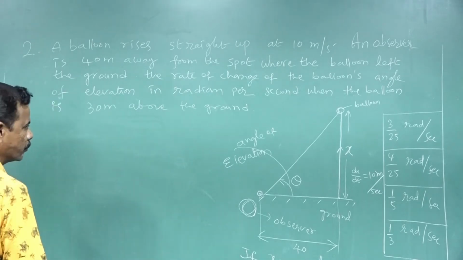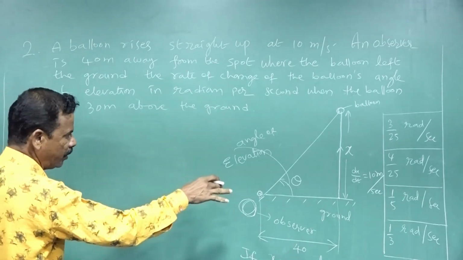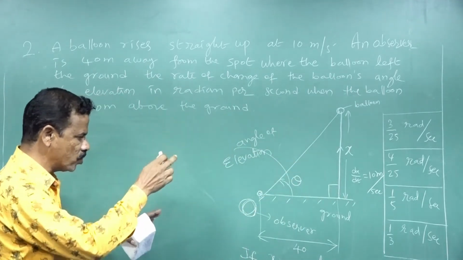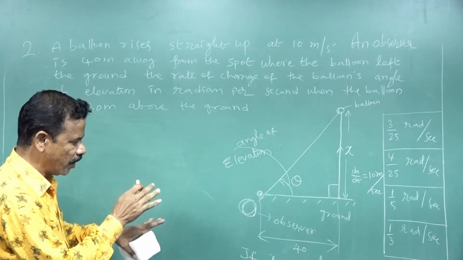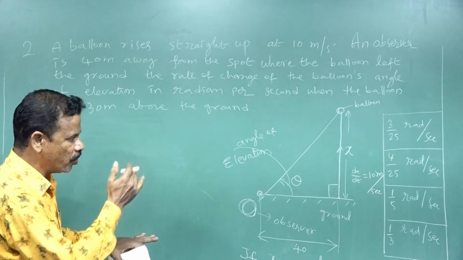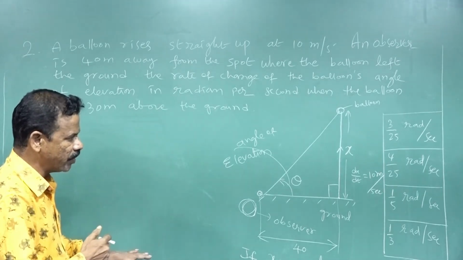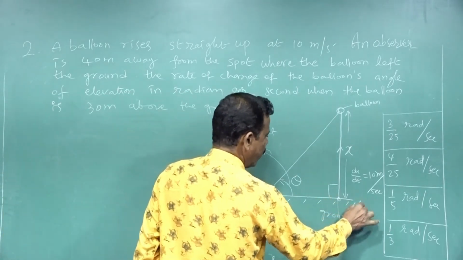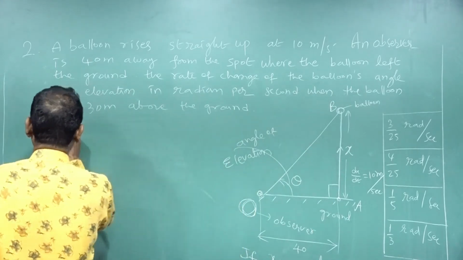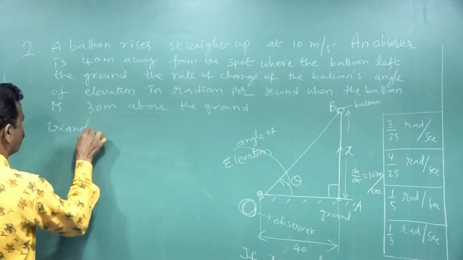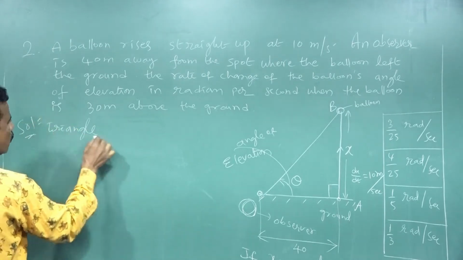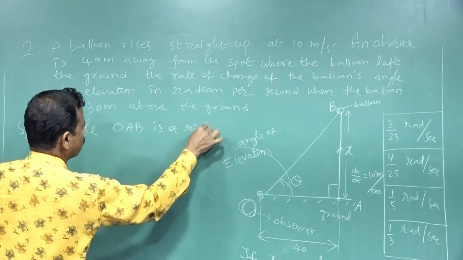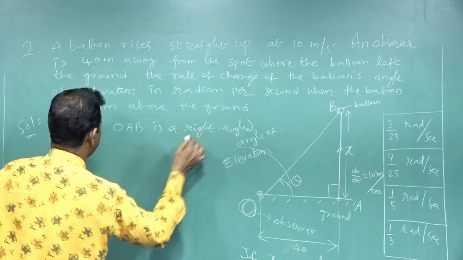Now, the relation in this triangle: this is a right angle triangle. We consider the x value, and the adjacent side is 40, given. Opposite is x, adjacent is 40, hypotenuse is not given. Let this point be A and B. Triangle OAB is a right angle triangle.